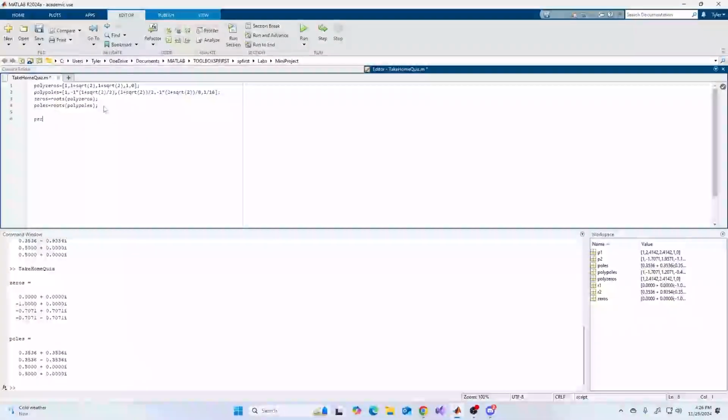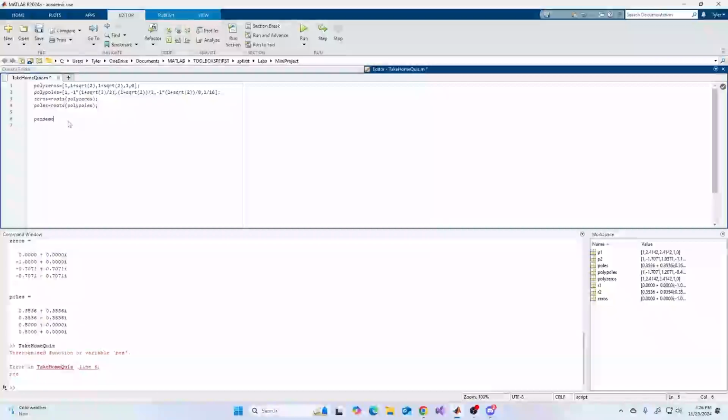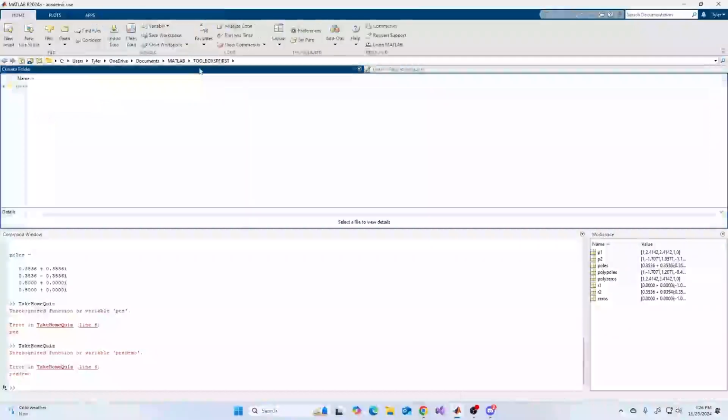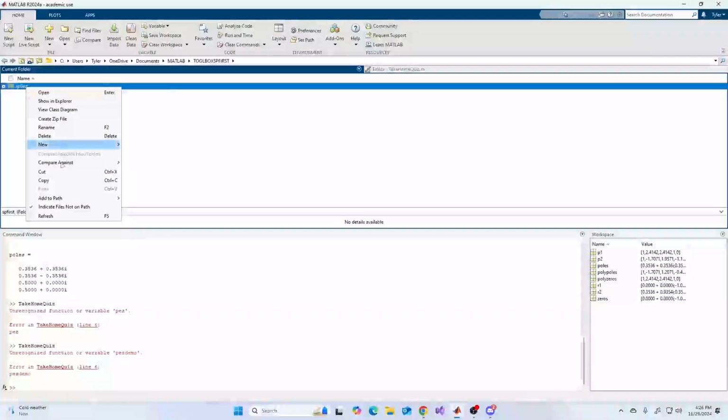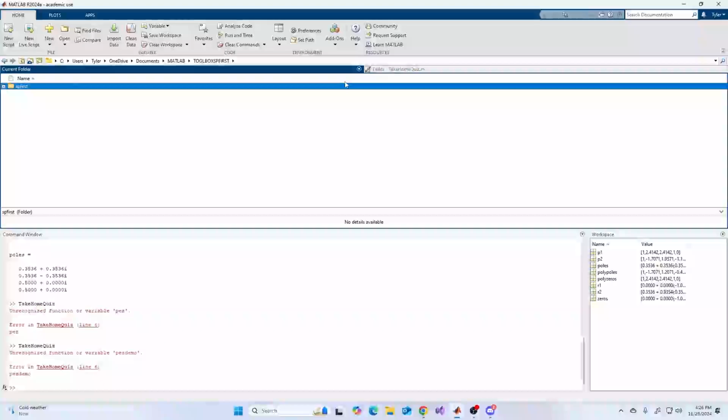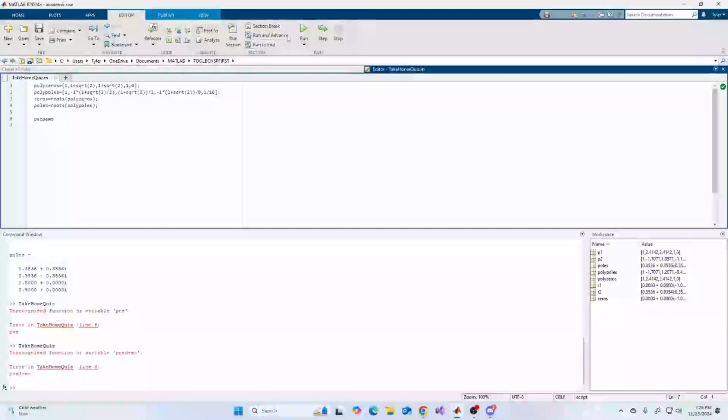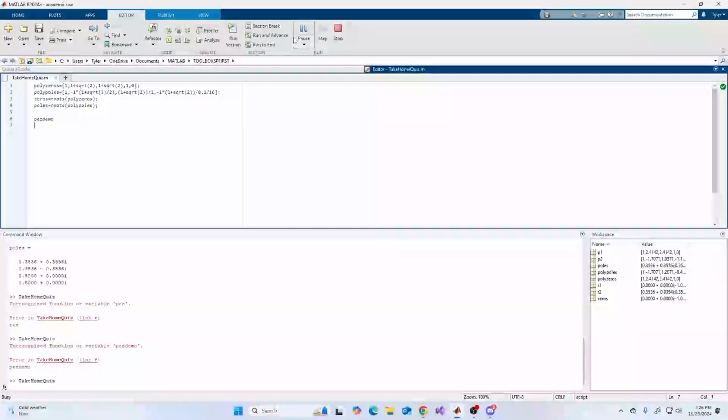Let's run it. Oop, I need PES demo. Oh, you know what I didn't do? Give me 1 second. I need to add these to path. It does it every time. Let's see, right now. Boom, there we go. Okay. Wait for our GUI to pop.